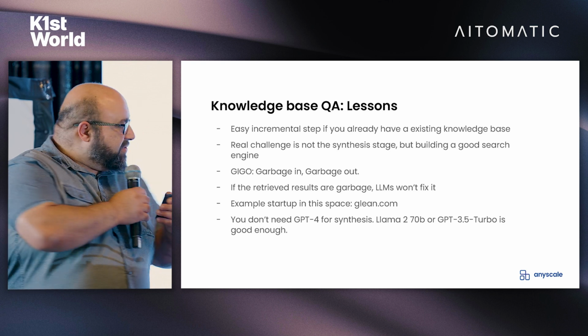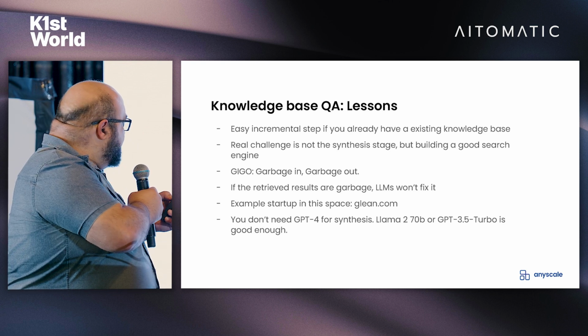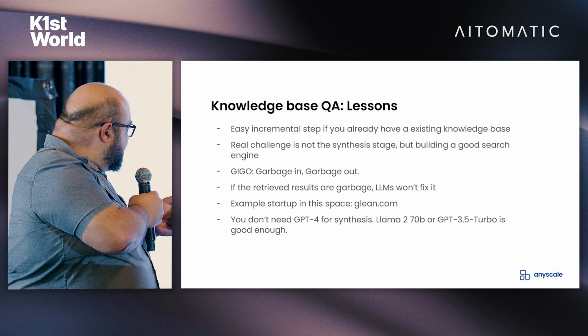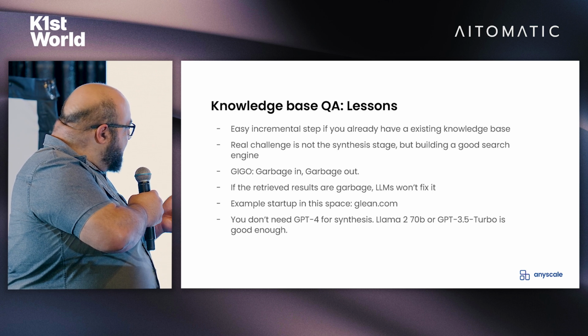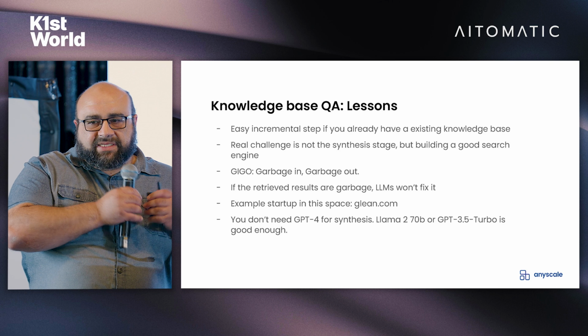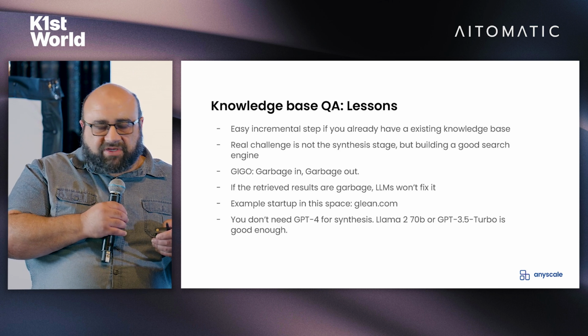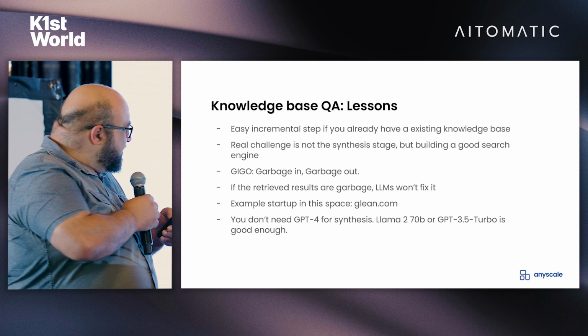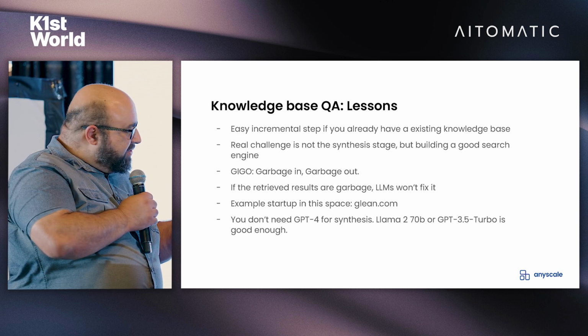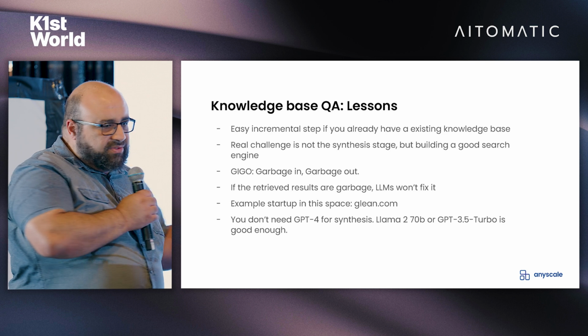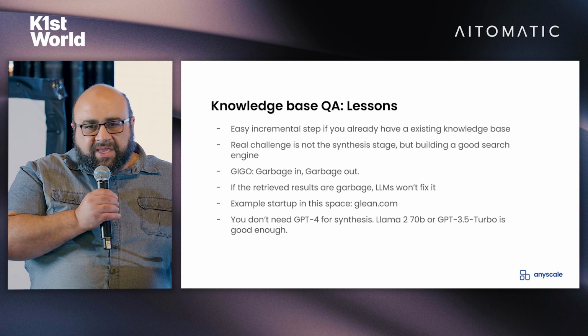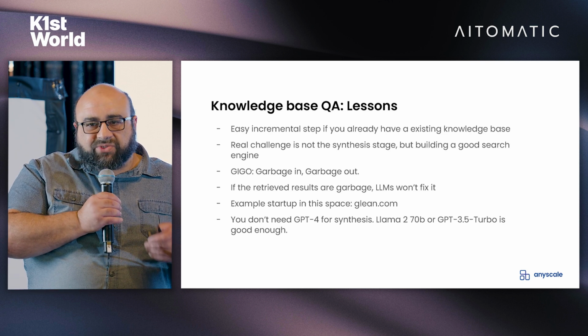So you have to make sure that the search results are really good. That's a bit tricky, so you might want to look to startups. One example startup is Glean, which will index all of the documents in your company and make them available through a conversational agent. And the other thing is you don't need GPT-4. Llama 2 or GPT-3.5 Turbo is fine for RAG applications most of the time.